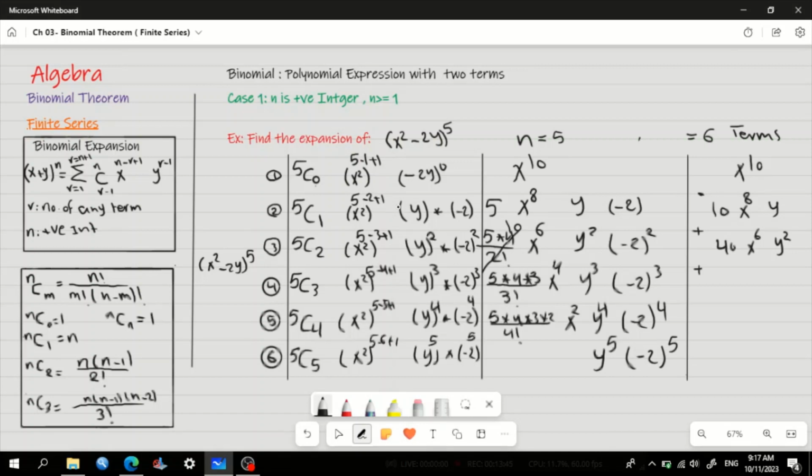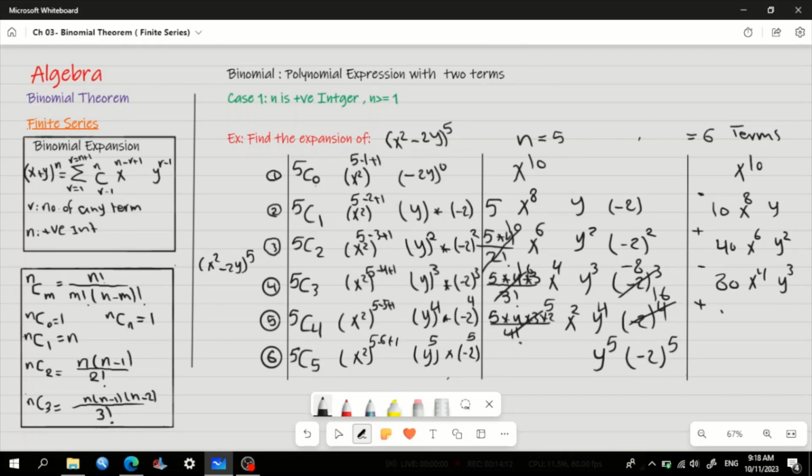Let me check. So we have here 10 into negative 8, so we have here negative 80 x power 4 y cubed. Okay, plus here we have 16 and here we have 5.